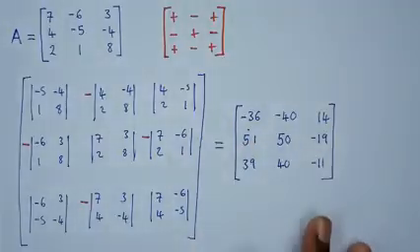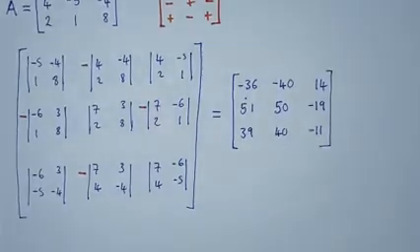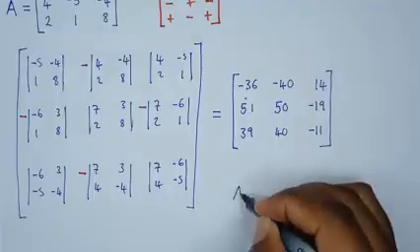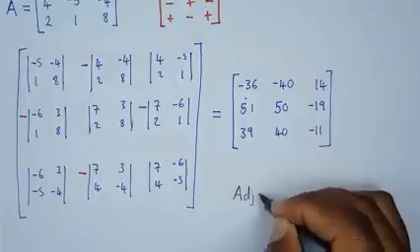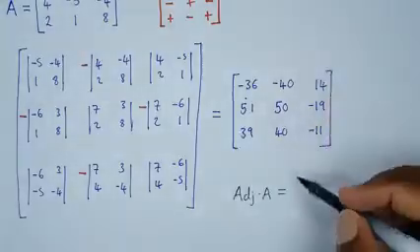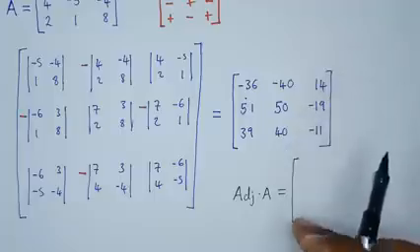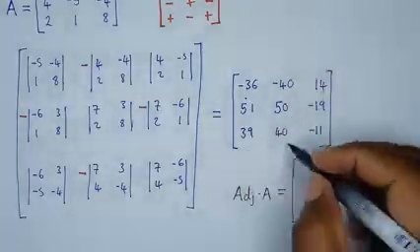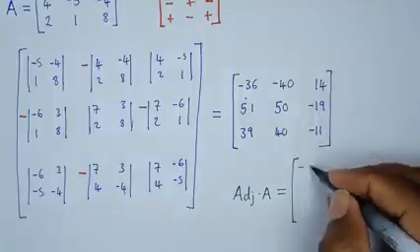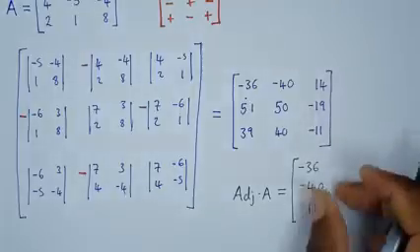Transposing this matrix will give us the adjoint. So the adjoint of matrix A will be equal to the transposed cofactors. Let's transpose it, so the row becomes the column. The first row is negative 36, negative 40, 14, and that becomes the first column.